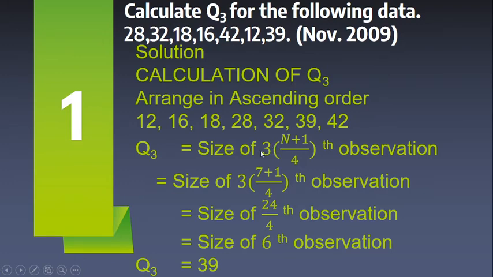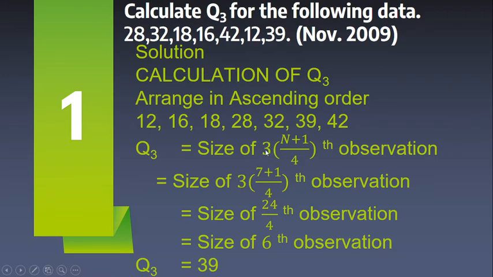So I go back for a recap. It is size of 3n plus 1 by 4th observation. N is nothing but the number of values. In this case, it is 7 plus 1, which makes it 8. And this 8 into this 3, which is there. This 3 is because it's the third quartile. If it was the second quartile, it would have been 2.